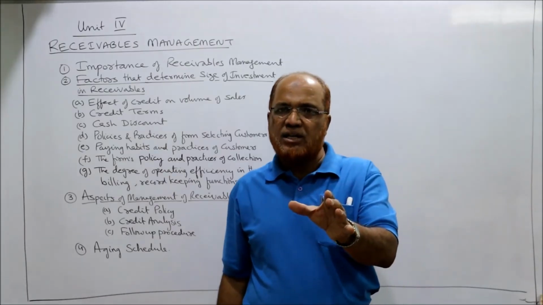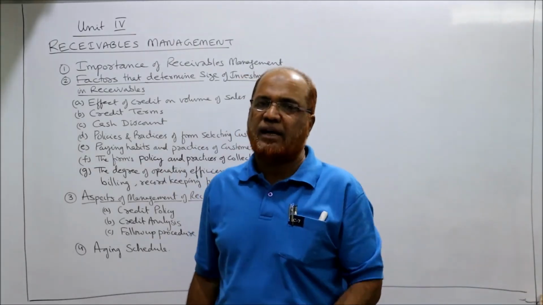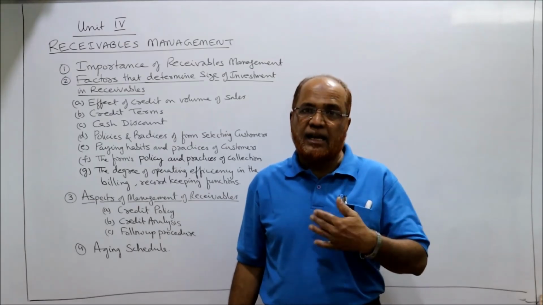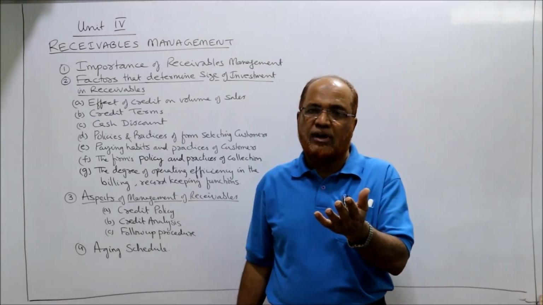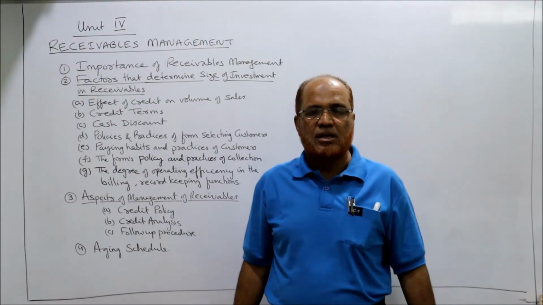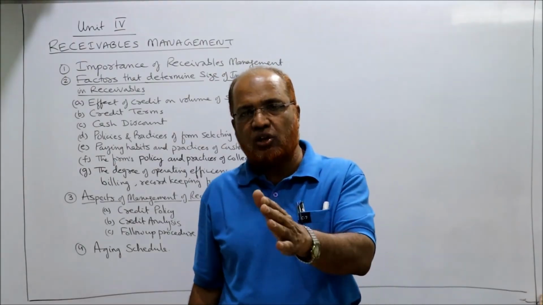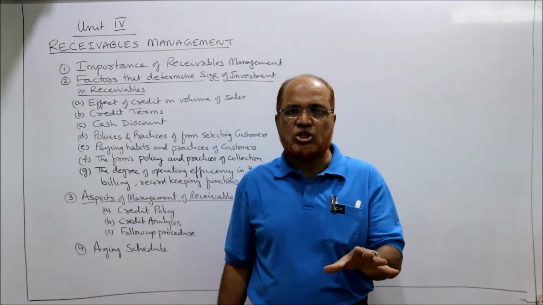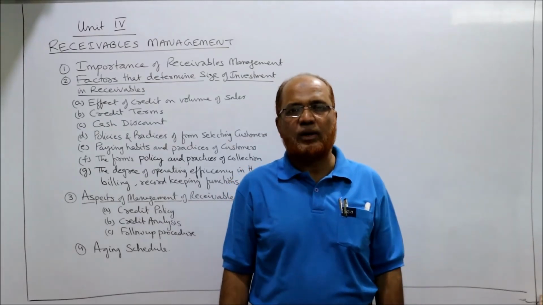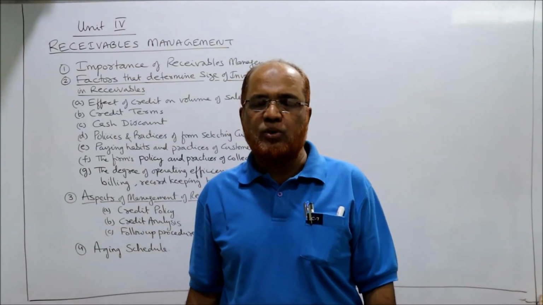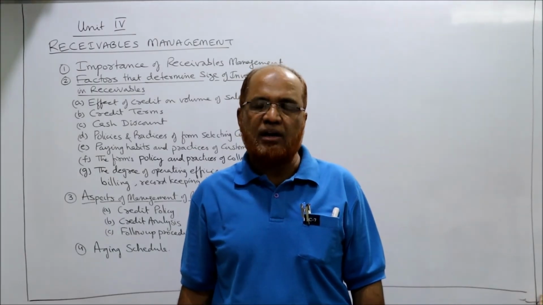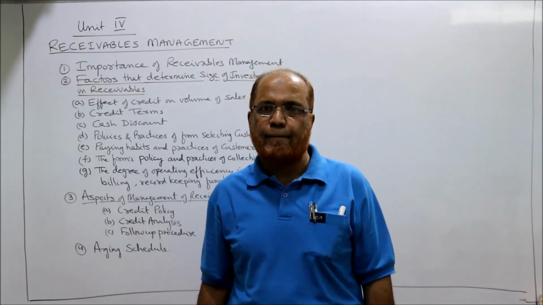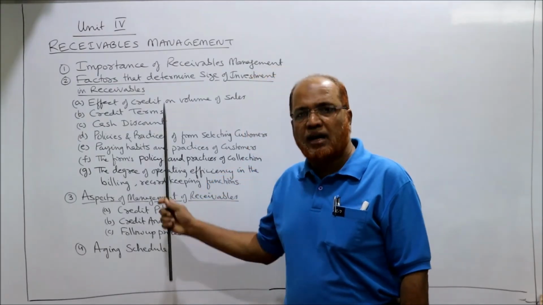By making this aging schedule from one period of time to another period of time, we can be able to compare and analyze whether the quality of our debtors have decreased or increased. Similarly, we can compare the aging schedule of one business with another business. So the main advantage of this aging schedule is the follow-up procedure will become easier and we can be able to calculate how much would be the bad debts. So this is the complete theory.